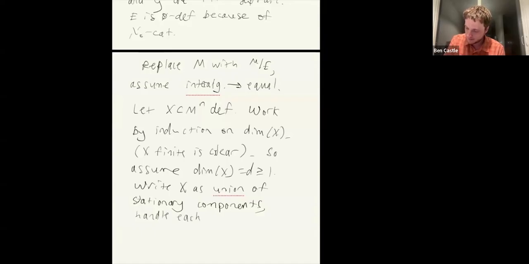If we can show that each one is definable from equality, then X is just a disjunction of a bunch of formulas in the language of equality. So X is still definable in the language of equality. And so thus, assume X is stationary.